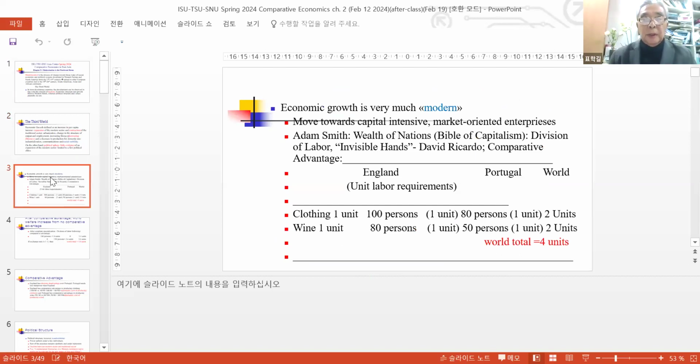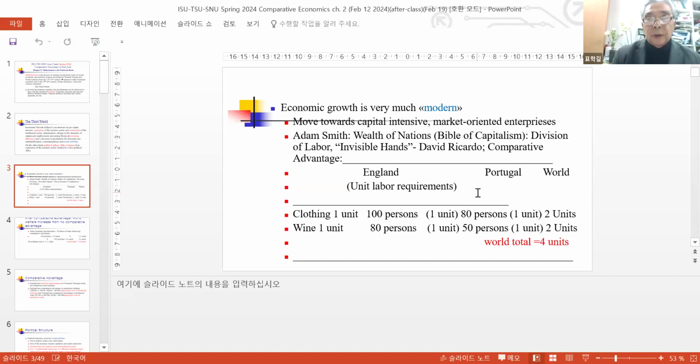Okay, so the numerical example I drafted here is a little bit different from the one that we used in our last class lecture. But the numerical example that I'm quoting from my Korean textbook on international trade is simpler and easier to understand.